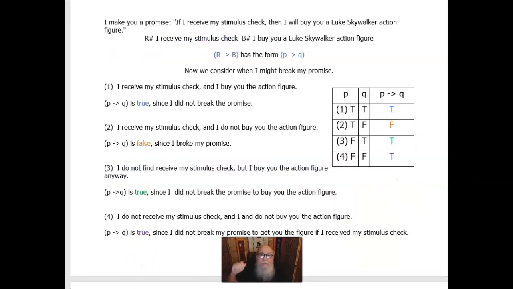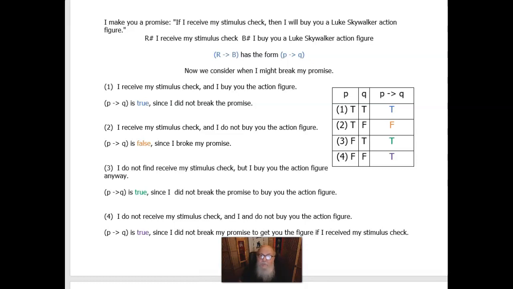Suppose I make you a promise. If I receive my stimulus check, then I will buy you a Luke Skywalker action figure. And you can tell me whether you want it to be Luke on Hoth, Luke in Return of the Jedi, Luke in A New Hope. But I won't get you an action figure from Luke in The Last Jedi, because for me, that movie doesn't exist.